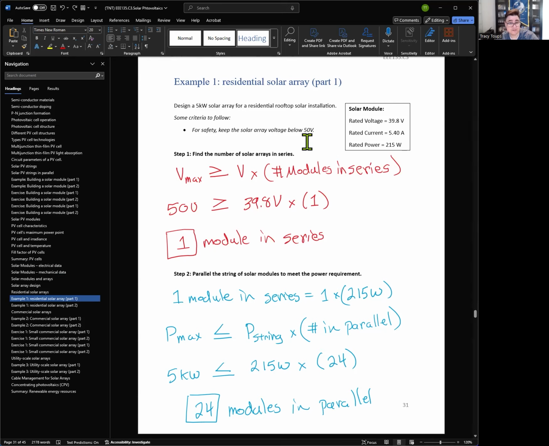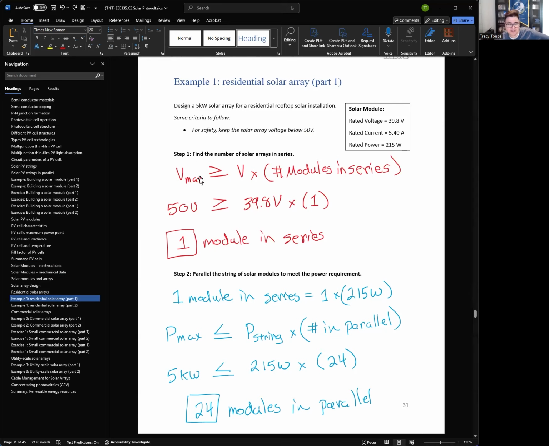It's because 50 volts is the maximum where, if you get shocked, it's not going to seriously hurt you. It might be a little painful, but you're not going to die right then and there. So it's just a safety thing. Anything above 50 volts, you really should be a qualified electrician to start touching it. I don't know how many people actually follow it, but that's the actual rule. So follow the rules, make it below 50.